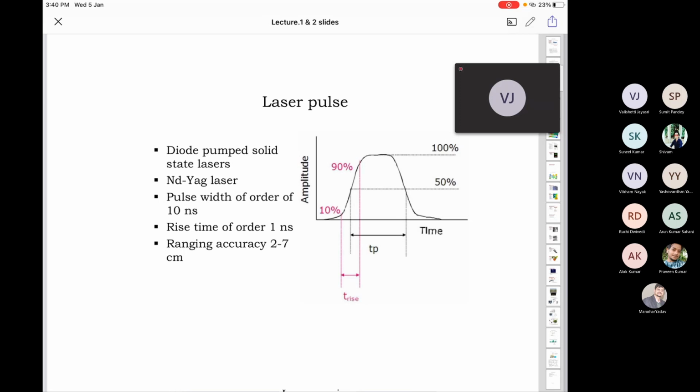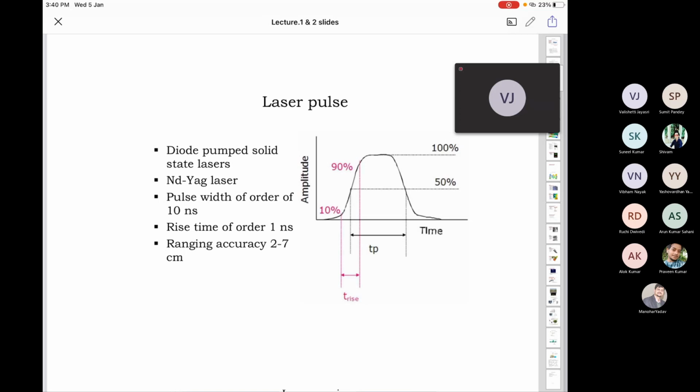When the peak is attained, it is represented by 100%. We have a level at 50%. If you see the rising side and falling side, on both sides at the 50% level, the time difference that is represented over here by TP is called the pulse width. And this is one of the important parameters that we will be discussing further.